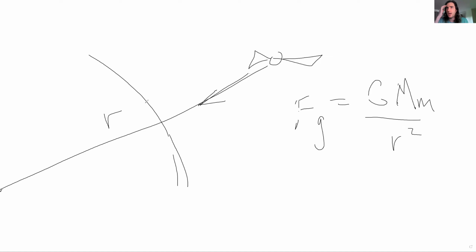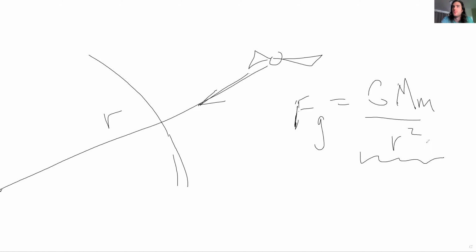Now you should be saying, if it's the distance from the satellite to the center of Earth, then we're treating the Earth as if it's a point mass, not a point charge, because we've used this formula here. We can't use this formula for something that doesn't have spherical symmetry.